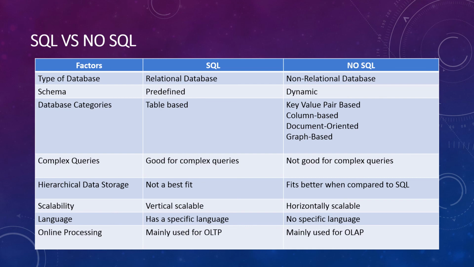Now the next point of comparison is scalability. We can load balance an SQL database by optimizing our hardware, such as increasing CPU, RAM, etc. on a single server. On the other hand, NoSQL databases are horizontally scalable, and we can do load balancing by adding more servers to the cluster.